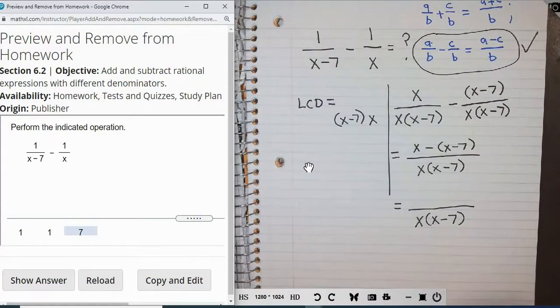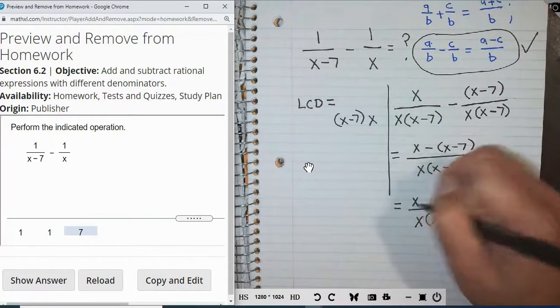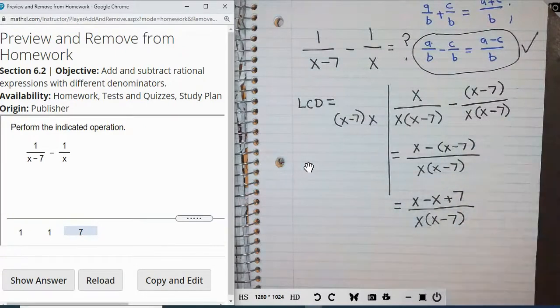Changing our signs and turning it into addition, combining like terms, what I'm going to have is x minus x plus 7. In a lot of ways, what I did was distribute that negative sign across that binomial.